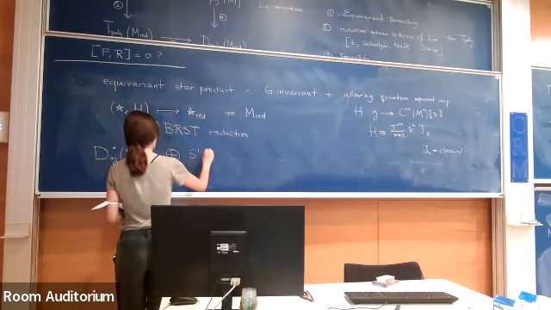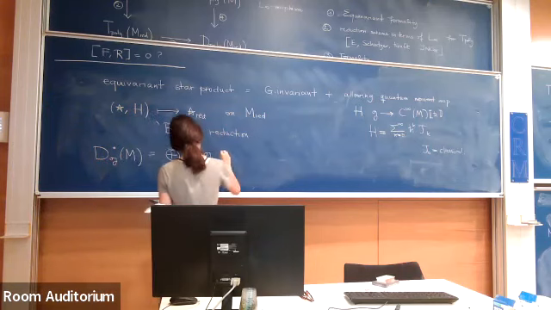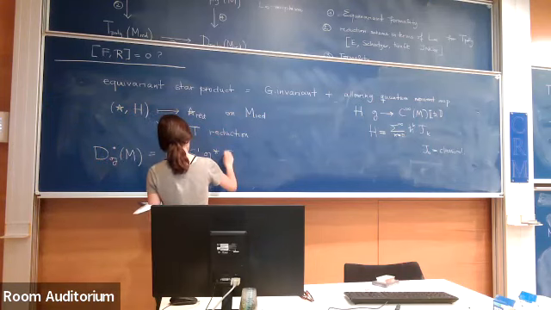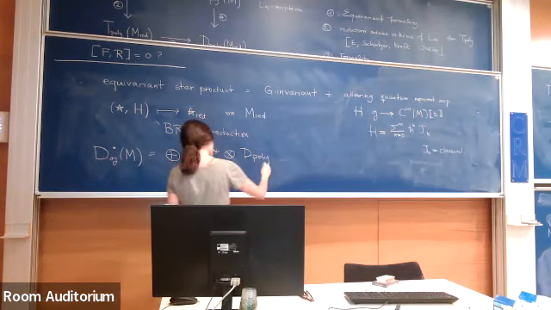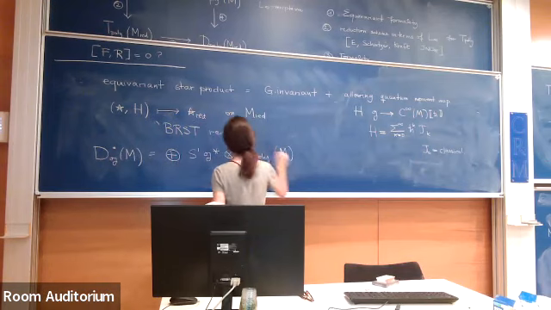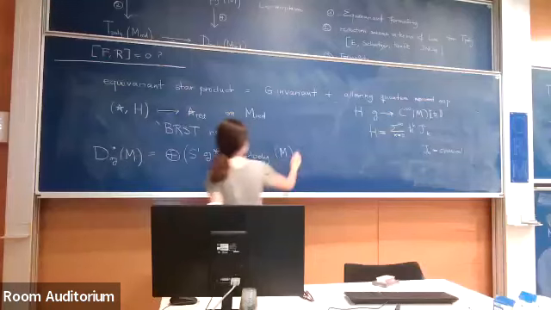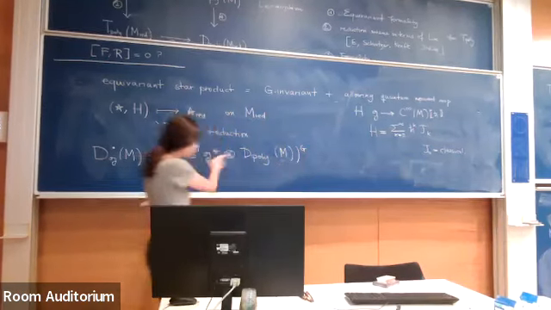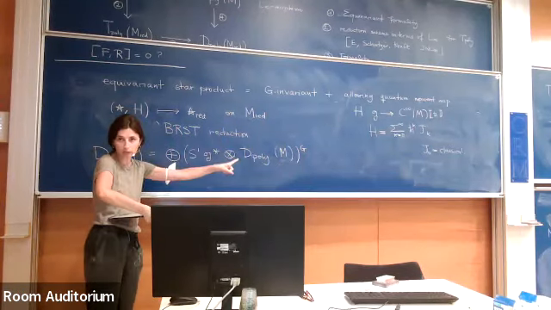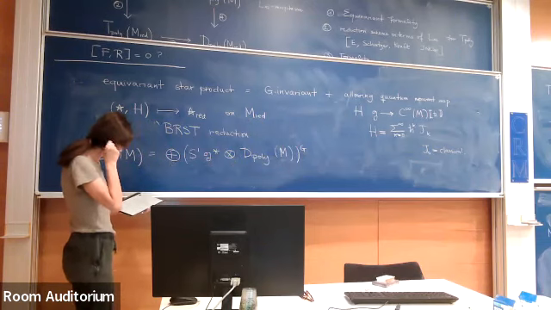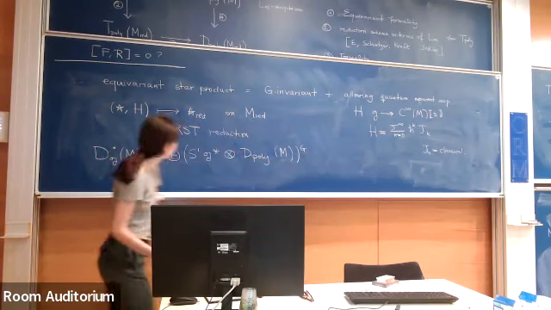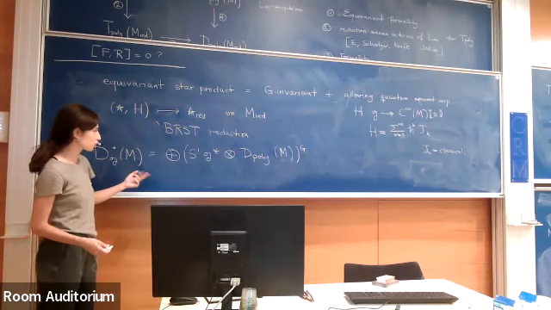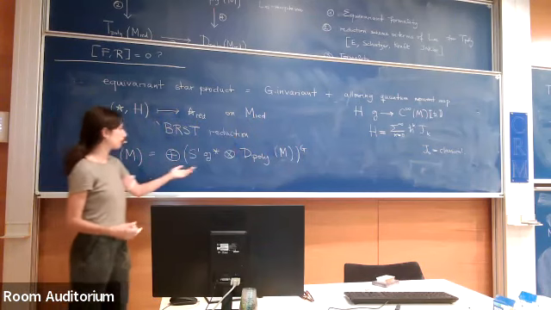But same idea as before: polynomial maps from g to D poly. And then I have to construct the DGLA structure. I don't want to write everything.